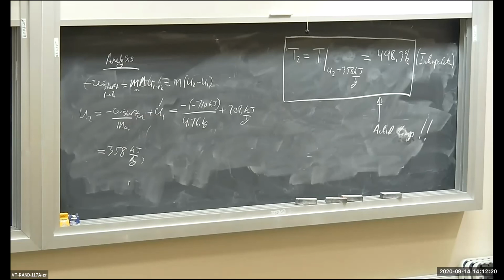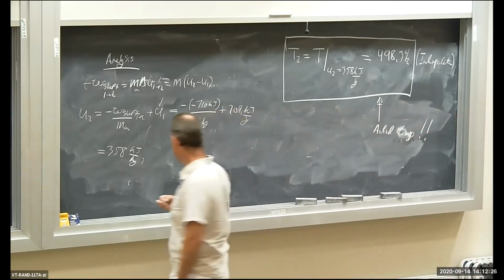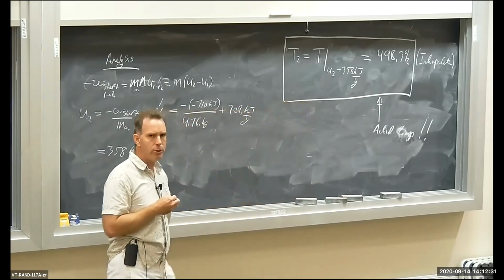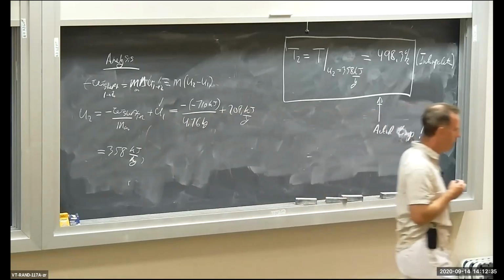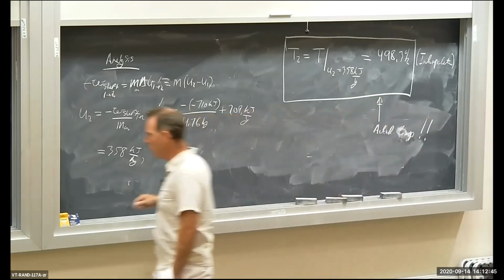Constant specific heat calculations are approximations. We got pretty good, 500 for constant specific heat, 498 for variable. If we would have chosen a specific heat evaluated at 400 degrees Kelvin instead of 300, we would have gotten a value probably a lot closer to 498. All right, ladies and gentlemen, let's take a pause here and we'll do one more problem.